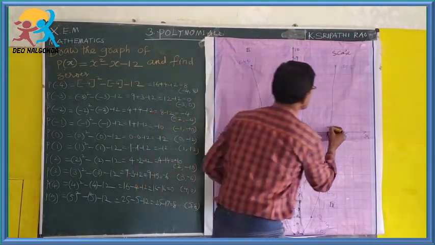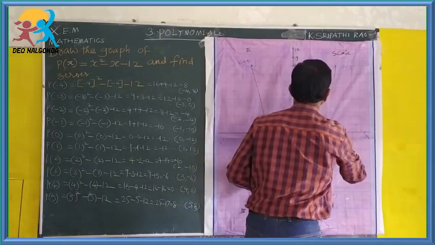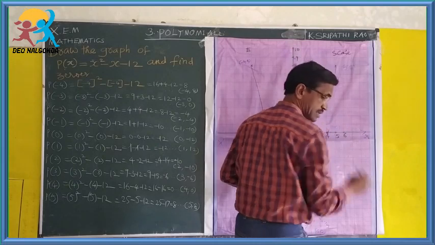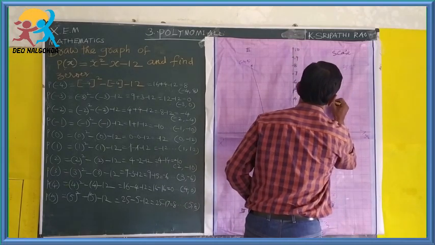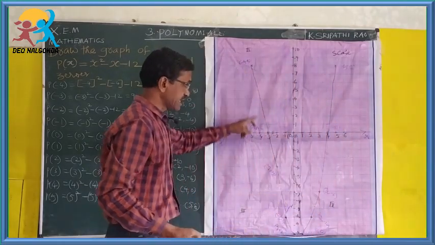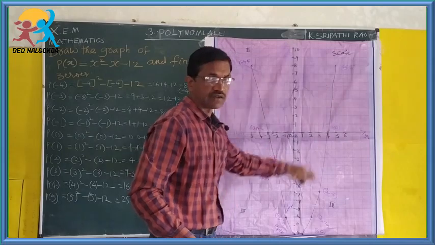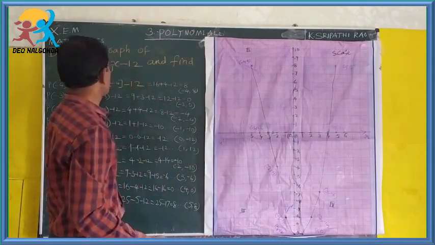So here you got which type of figure? Take care while joining the points like this. So this is a parabola or curve. This is the shape of this polynomial.